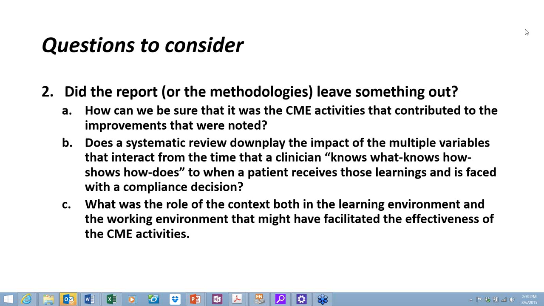If the education only changes the physician performance but doesn't change the patient outcome, then it must be the context, the interprofessional roles, the barriers, or whatever. So I think that's very important, maybe as important as anything in the ability to change patient outcomes. Kurt?